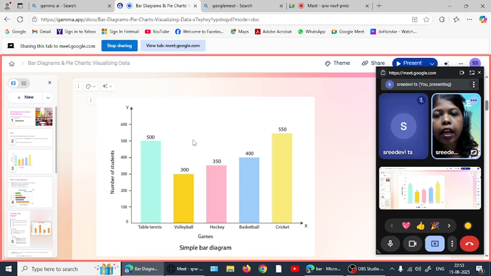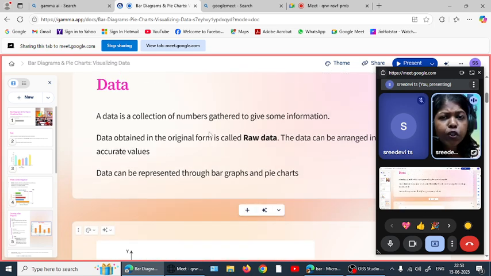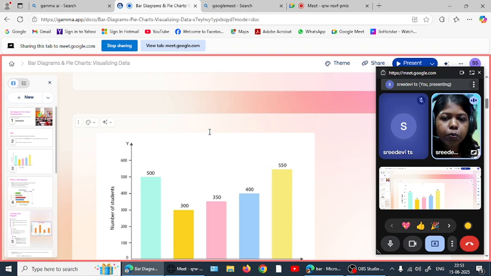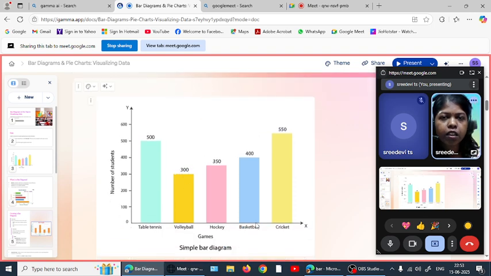And why are we using these graphs? For what purpose? From this picture you can understand some things. What all things can you interpret from this? On the horizontal line, some games are given. On the vertical line, some values are given.